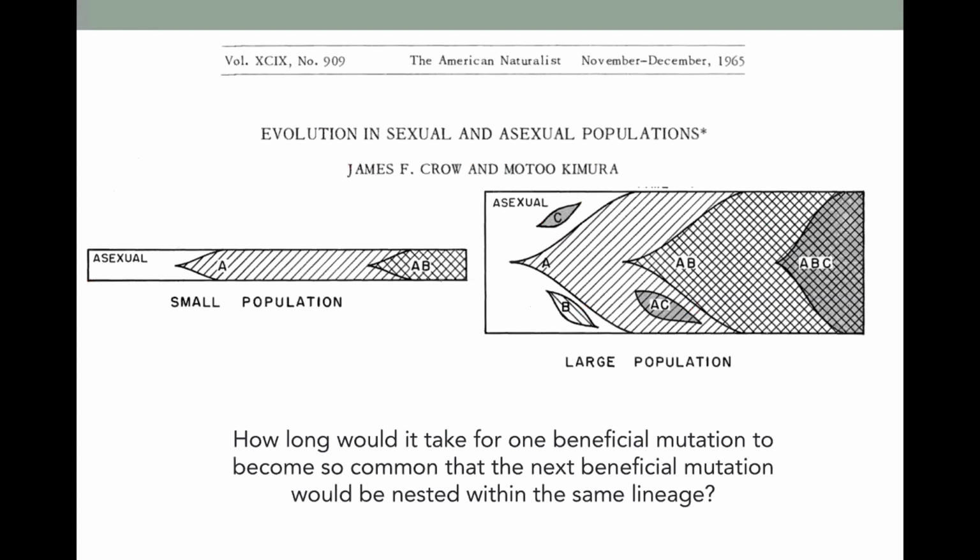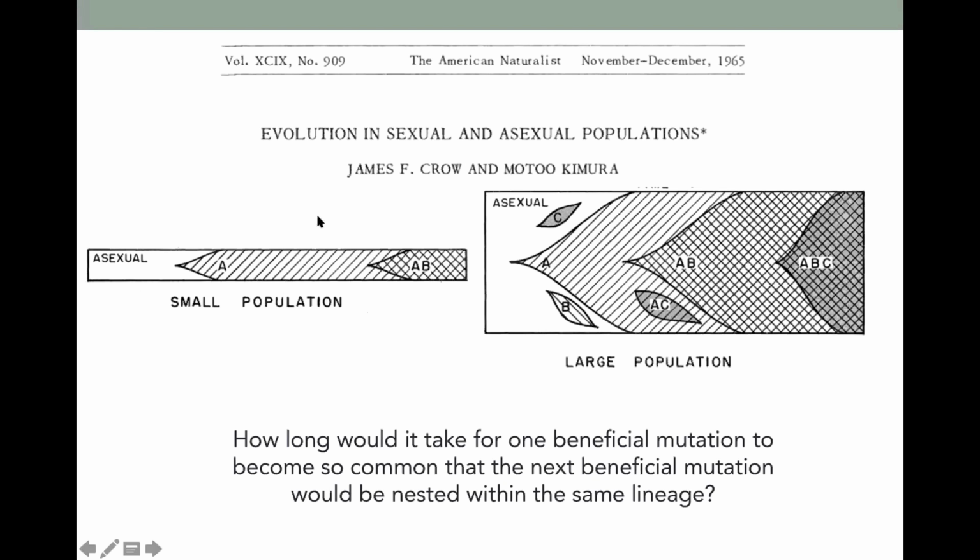Mathematically, Crow and Kimura were the first to explore this question in 1965. Alongside their mathematical treatment, they also provided these so-called Muller diagrams. Along the x-axis is time, and along the y-axis is just an array of the genotypes within a population.